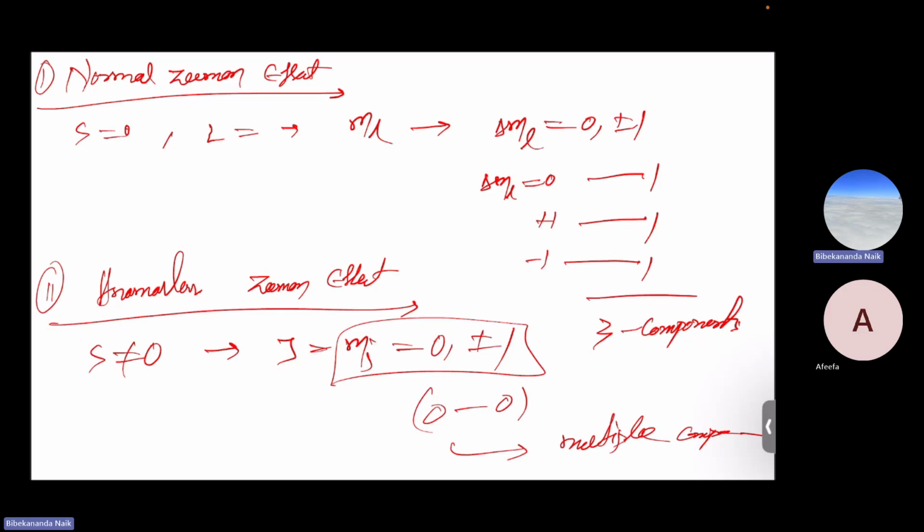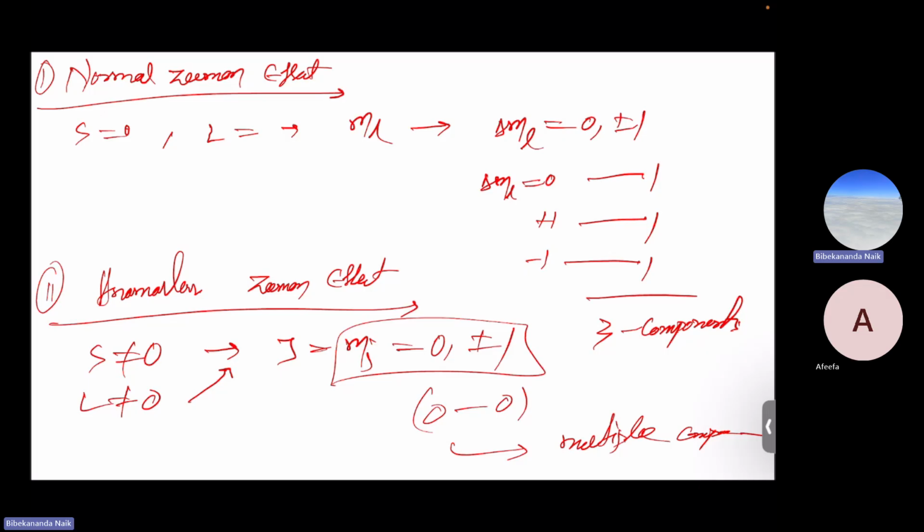Also there is another concept. In the case of a strong magnetic field, what happens to the coupling? Earlier, L and S were coupled to give the J value, and Mj had significance.